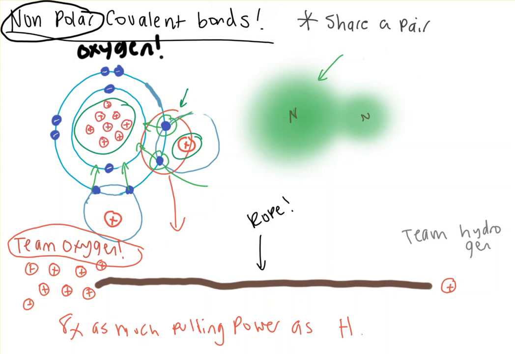This end of the particular molecule is going to have a slightly negative charge because there's more greenness over there, and this end will have a slightly positive charge because there's less green there. So this kind of bowling pin or figure 8 configuration of an electron cloud represents a nonpolar covalent bond.